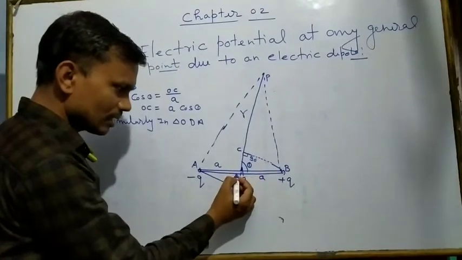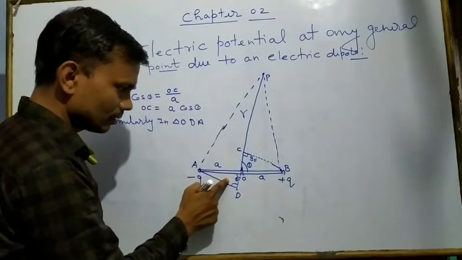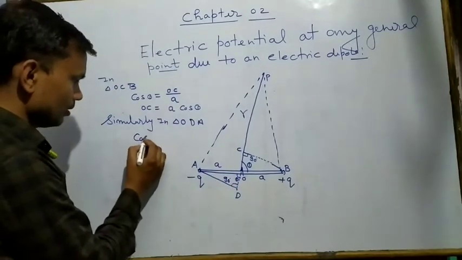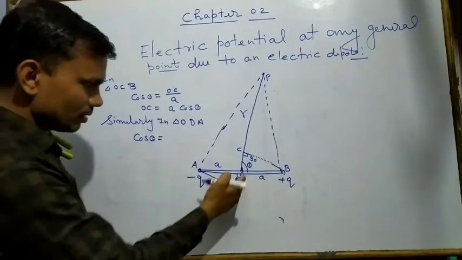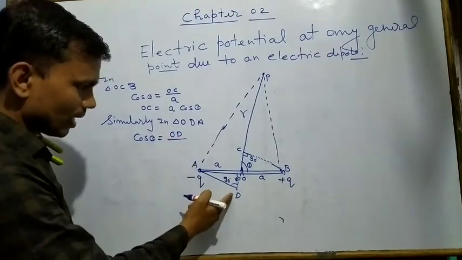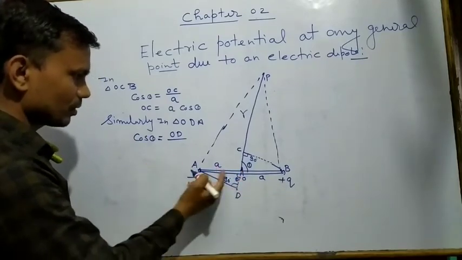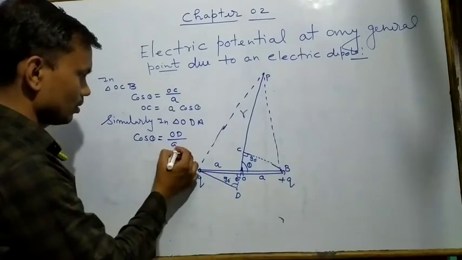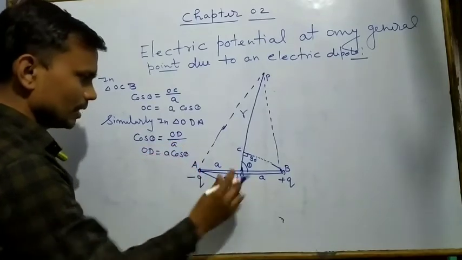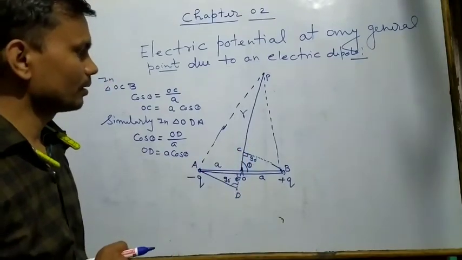If this angle is theta, then this is also theta, and this is the 90 degree angle. So cos theta equals base upon hypotenuse, where OD is the base and the hypotenuse is A. So OD is again A cos theta. Means both are similar, A cos theta.